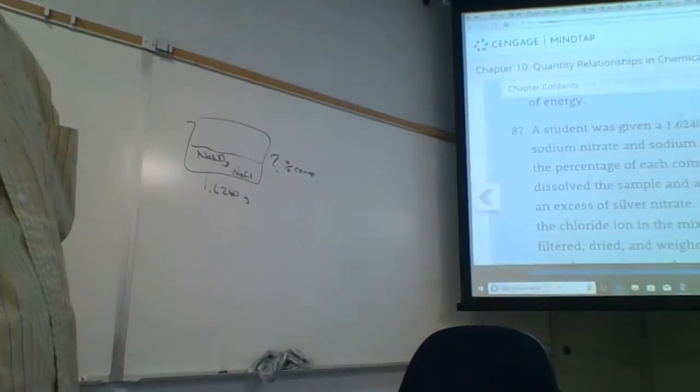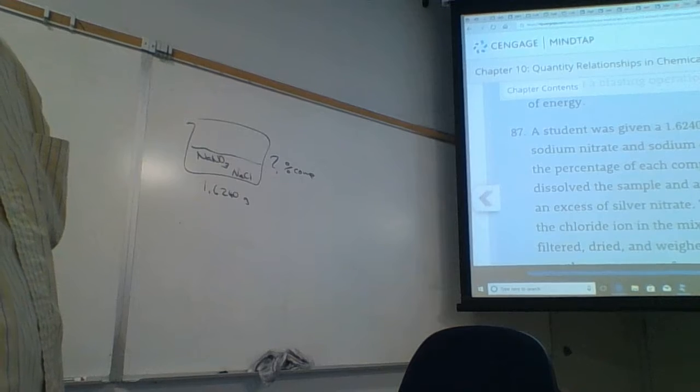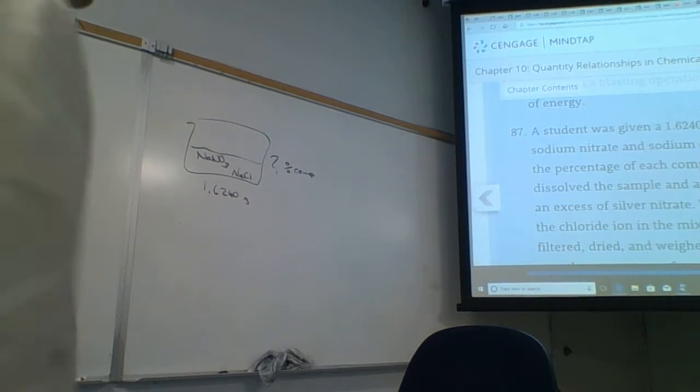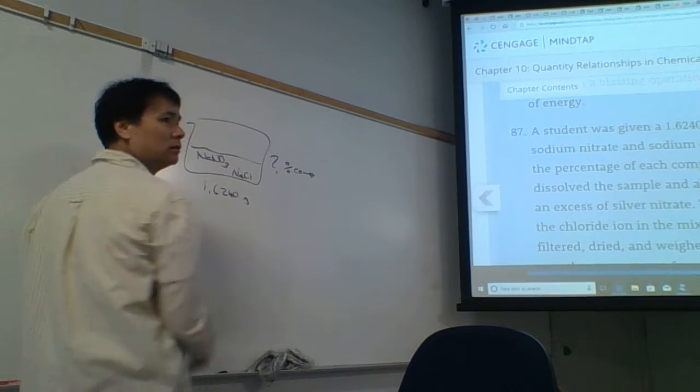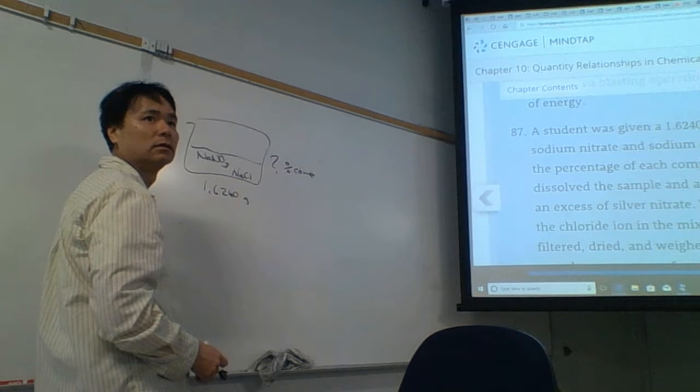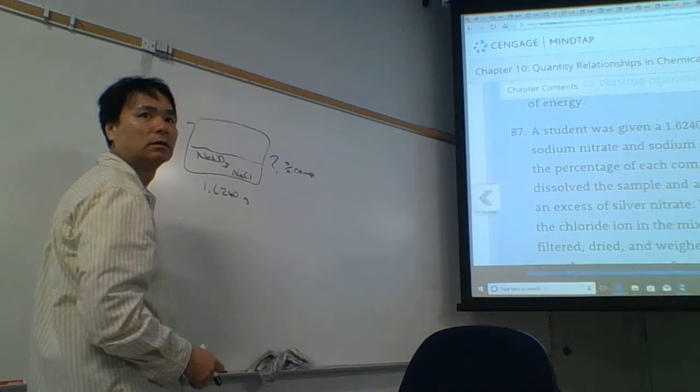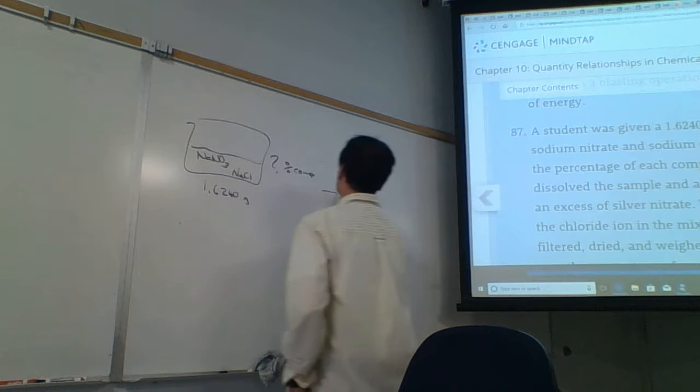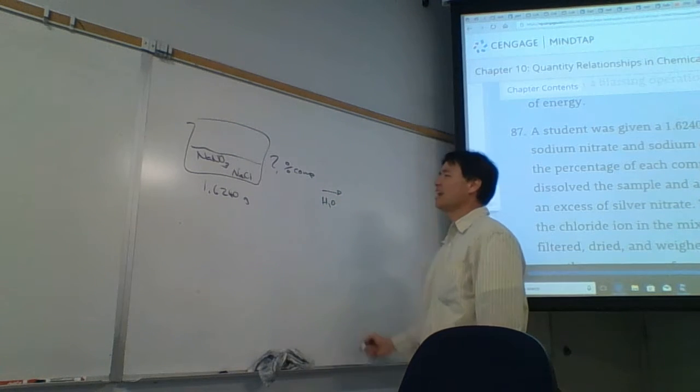She dissolved the sample and added a solution that contained excess silver nitrate. So are both of these soluble? Yeah, both of these are soluble. So if we add water, then what's going to happen?